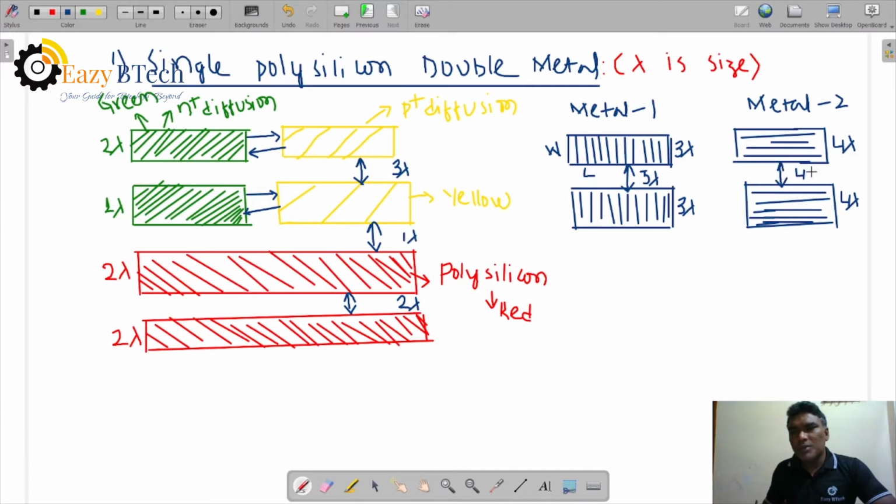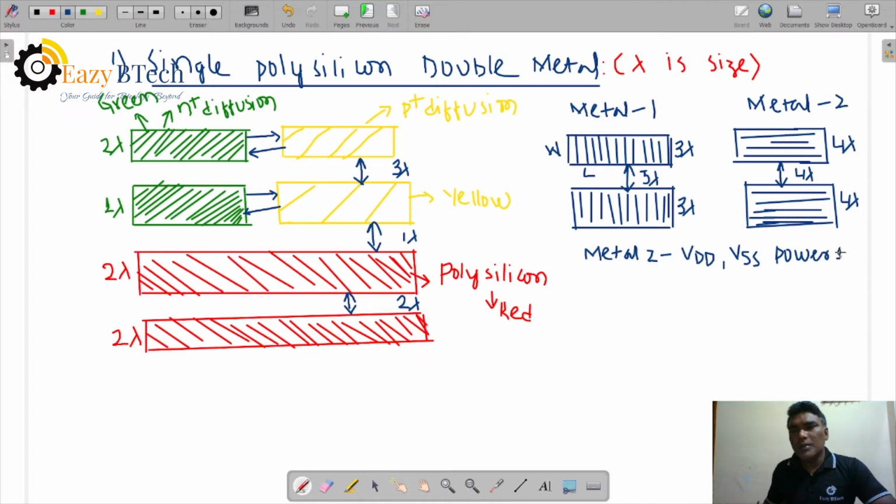Here also the separation is 4 lambda, right? So what is metal 2 and what is metal 1? Metal 2 is used for supply, VDD and VSS, the power supply.